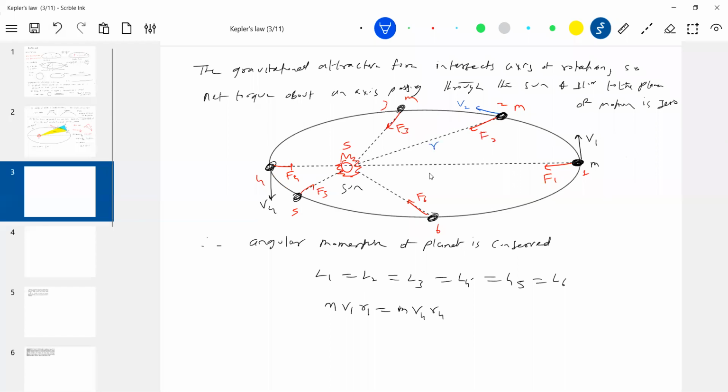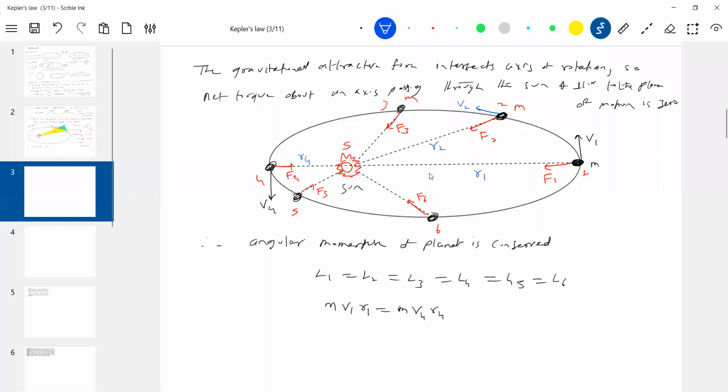What is the angle between R2 and V2? Some non-zero value is there. So I'm not writing that one, but I'm very sure that V4 and R4 are perpendicular, and R1 and V1 are perpendicular. So I'm writing this. You can apply angular momentum between any 2 points. Since I'm in the beginning stage, I find it very easy between 1 and 4, so I wrote this.